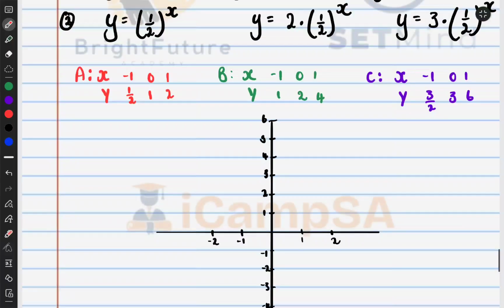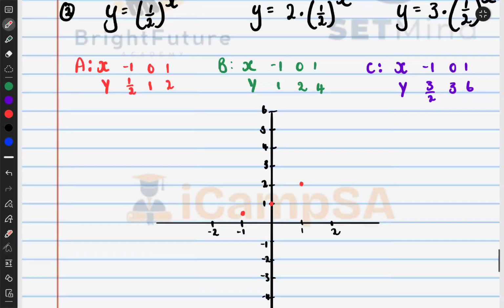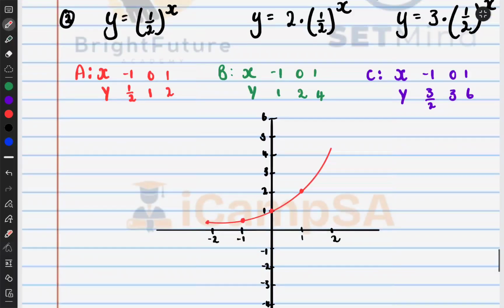Where x is -1, y is half, so it's here, and then 0 and 1, and 1 and 2. So we have a function of this nature. And then function b, where x is -1, y is 1 here, and then 0 and 2, 1 and 4.